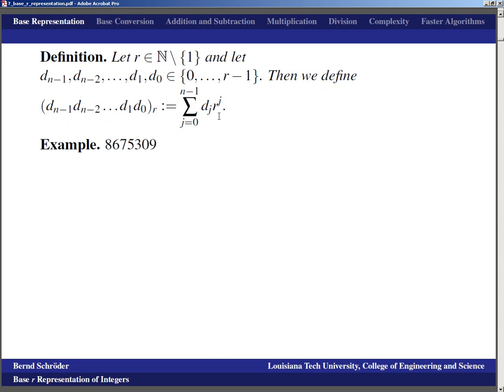So as an example, if you take the number 8,675,309, well, that's 8 times 10 to the 6th, 8 million, plus 6 times 10 to the 5th, 600,000, plus 7 times 10 to the 4th, 70,000, plus 5 times 10 cubed, 5,000, plus 3 times 10 squared, 300, plus 0 times 10 plus 9.